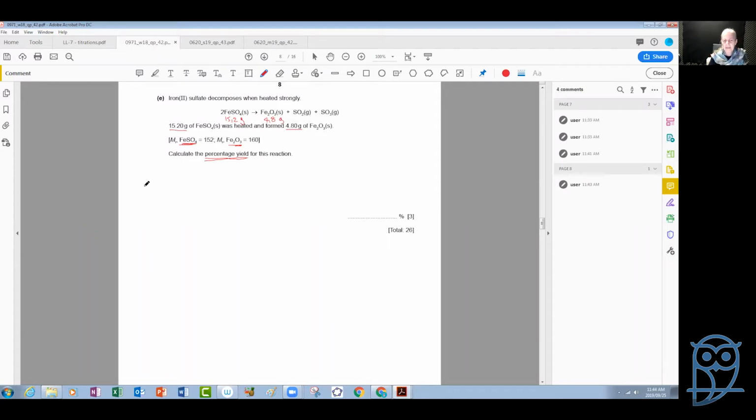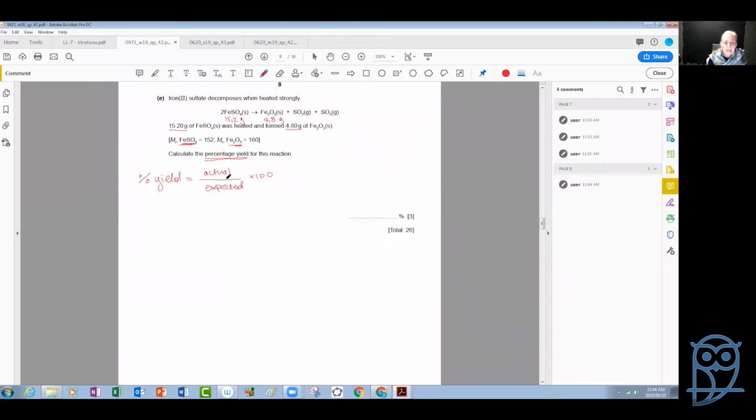If we remember, the percentage yield is the quantity that was formed, the actual mass, or the actual quantity that was formed, divided by the expected quantity, the actual divided by the expected times 100 to change it into percentage.